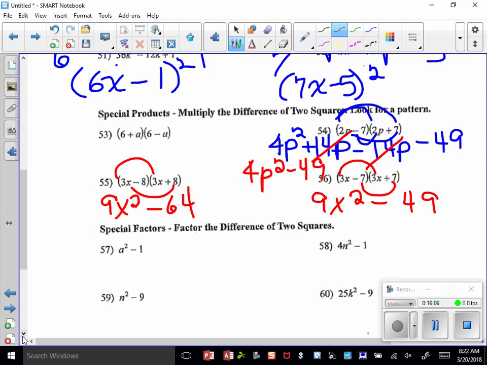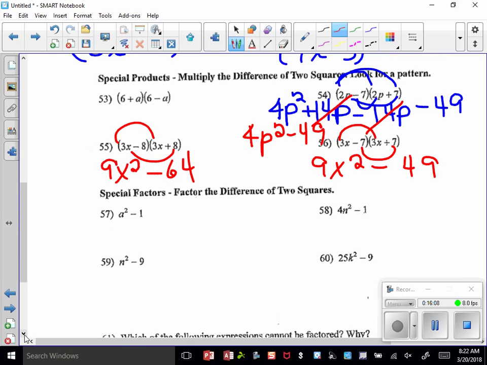Now, go down to the last part. This will be the last part of this lesson. So notice this is just the answers to what we just got up here. So how do you factor it and get it back to here?